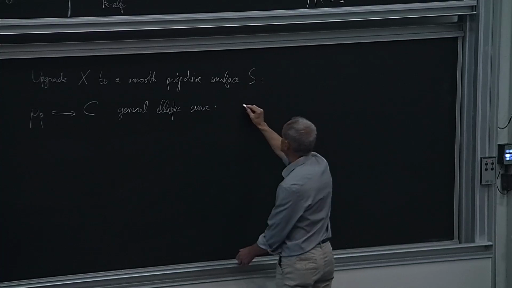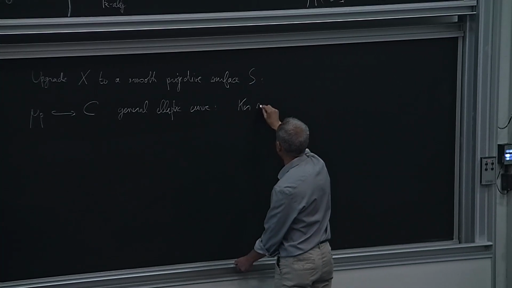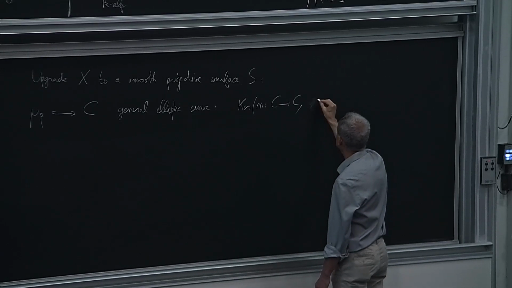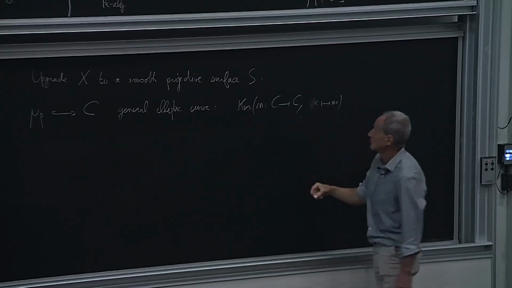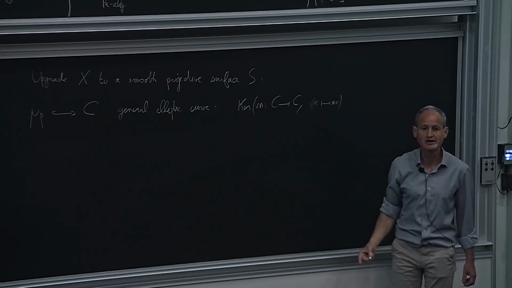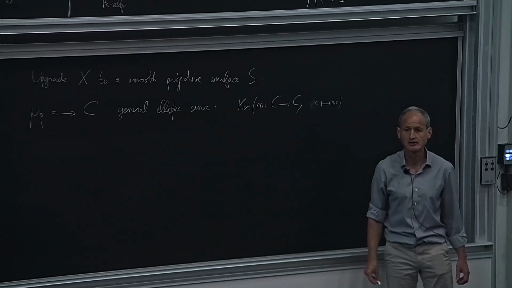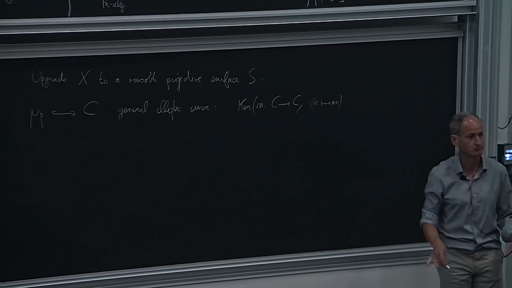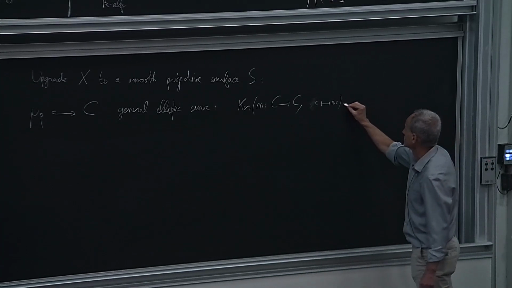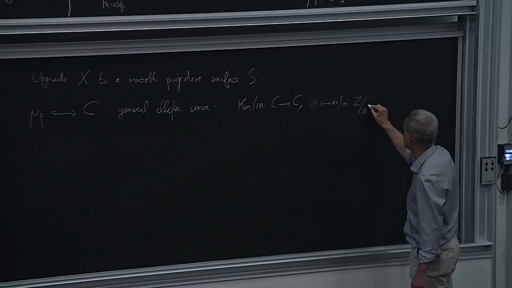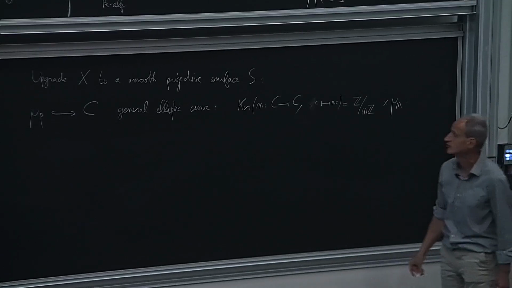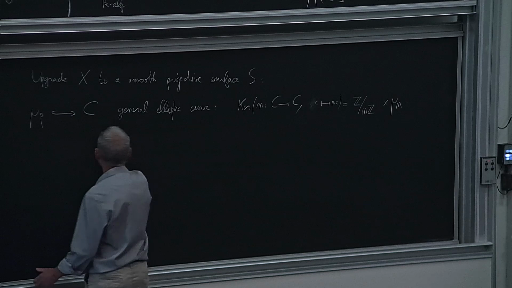Take the kernel of the multiplication by n on the curve C. If you think over the complex numbers, you get Z mod n squared for all n. And in characteristic p, things get a bit different because n could be divisible by p, but this is still generally Z mod n times mu n. And this works for all n if the curve is general. The technical word is ordinary.